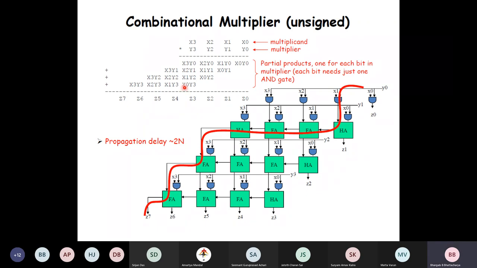Obviously, because of this architecture, we are concerned about delay. As you can see, the propagation delay is still linear. It's 2n, because the signal has to flow horizontally as well as vertically. We have a little bit of an option for changing this architecture to a carry-save addition process, where you can break this horizontal flow of signals and instead transform them into diagonal signals, thereby reducing the delay a little bit.